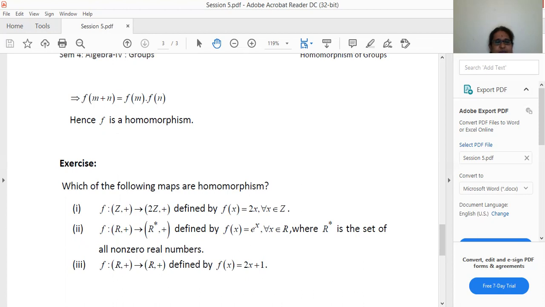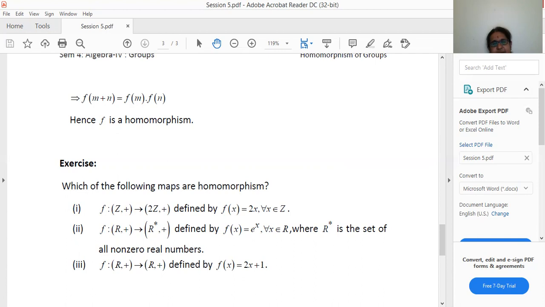So here, in the exercise problem, out of 3, 1 is a homomorphism, whereas the other 2 are not. In all these problems, we have used the definition of homomorphism to check whether the given mappings are homomorphisms or not. So now we shall again define what is meant by homomorphism of groups. We will take two groups, G comma dot and G dash comma star.